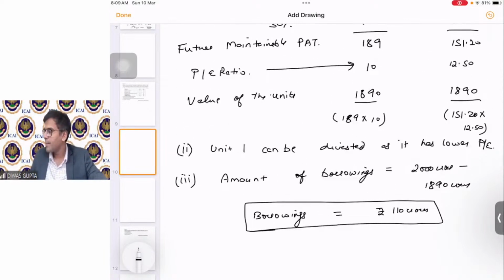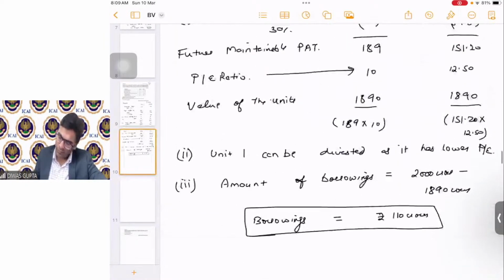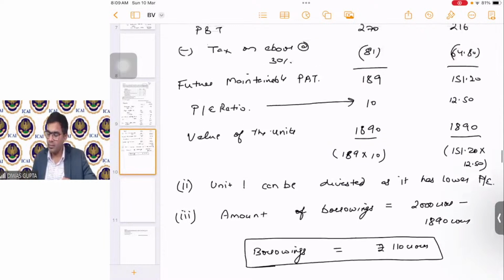Clear, students? Yes, Suraj, the first unit should be divested. Perfect.